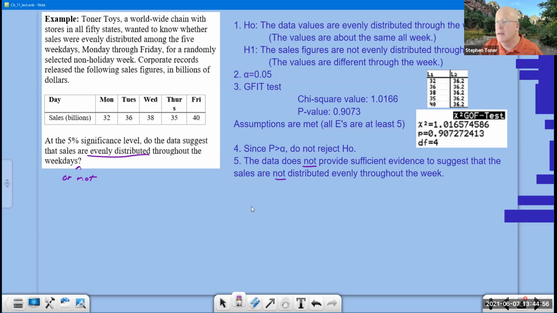That's how we begin a non-rejection. And then we always have the alternate hypothesis at the end, and our alternate hypothesis says they're not evenly distributed. And that's why those 2 nots, even though it doesn't sound like a great sentence, it is a good sentence, I'm trying to say.